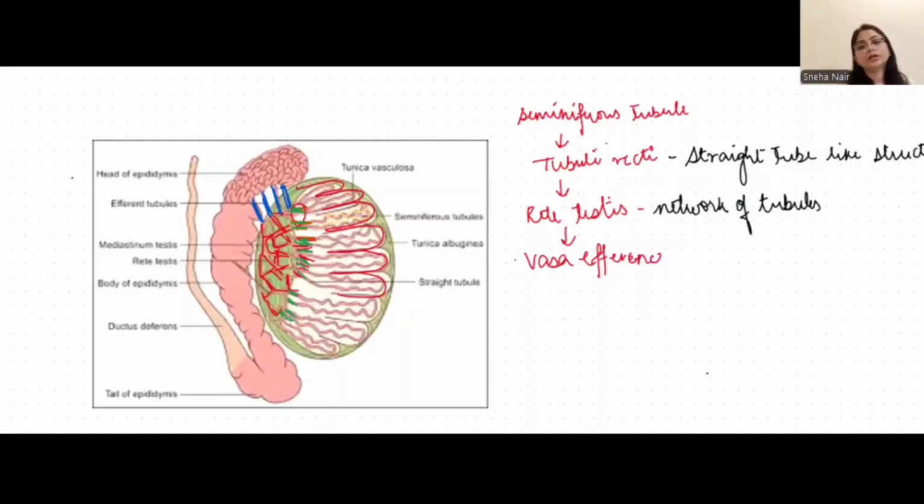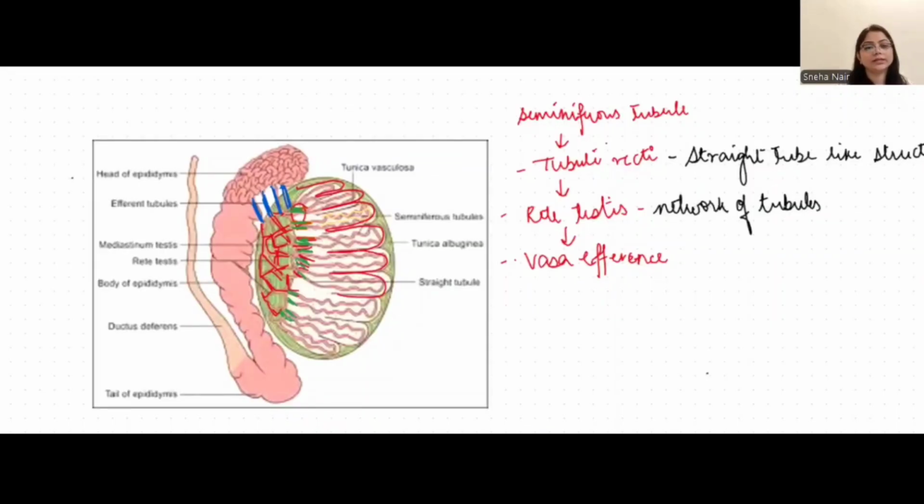Okay. Now, the sperm will move from the seminiferous tubule to the tubuli recti, then to the rete testis, then to the vasa efferens, and from the vasa efferens, the sperm will move to a structure which is made up of compactly arranged tubules, and this structure is known as the epididymis.